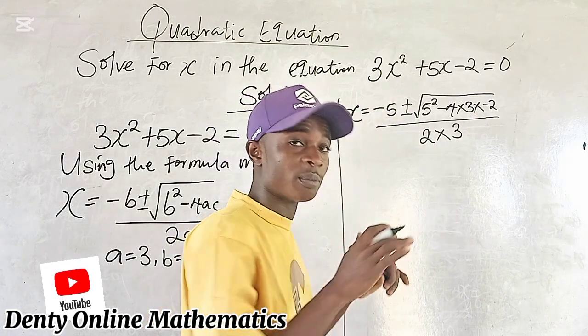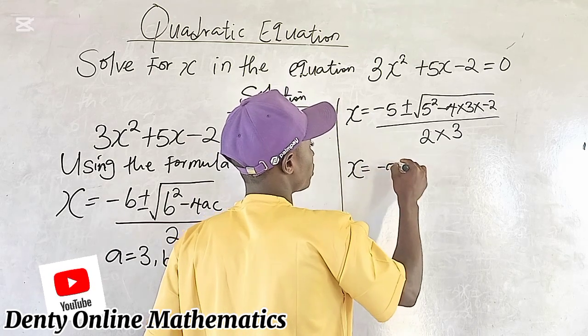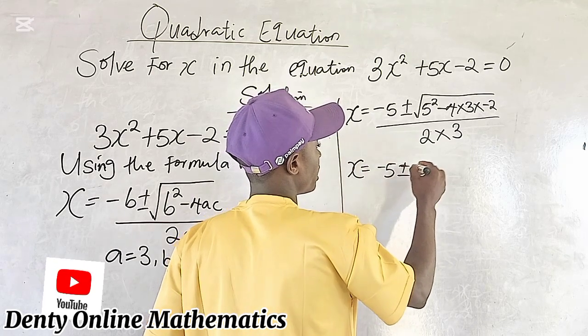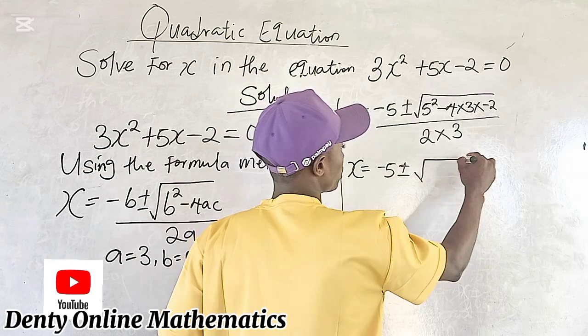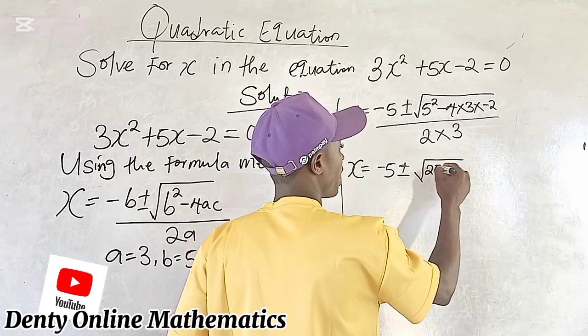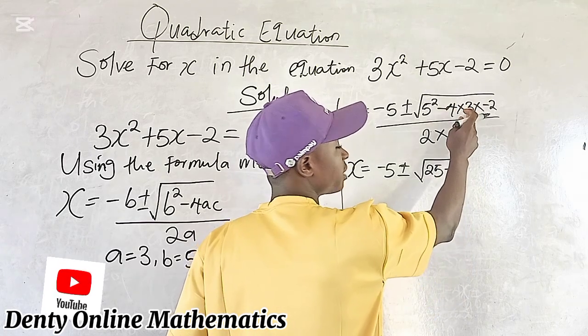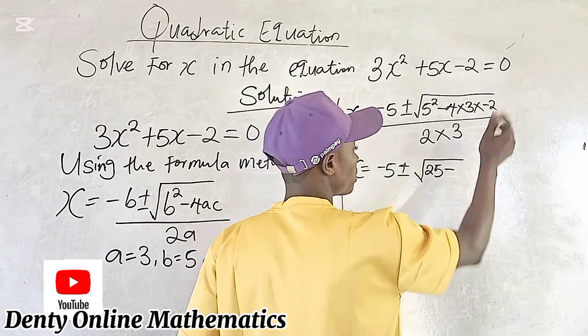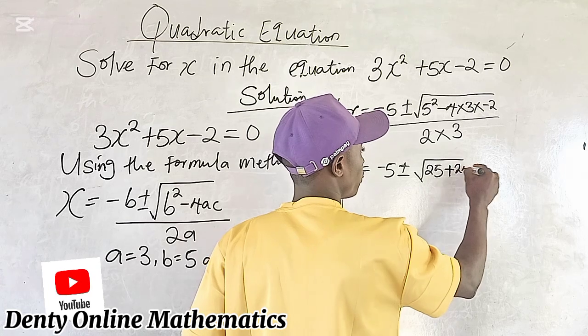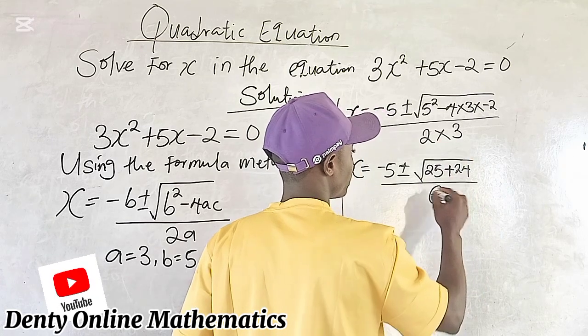Now, we are going to simplify it down. So I'm going to have x equal to minus 5 plus or minus the square root of 5 squared, which is 25, minus 4 times 3, which is minus 12, and minus 12 times minus 2 is plus 24. Now all of this is divided by 2 times 3, which is 6.